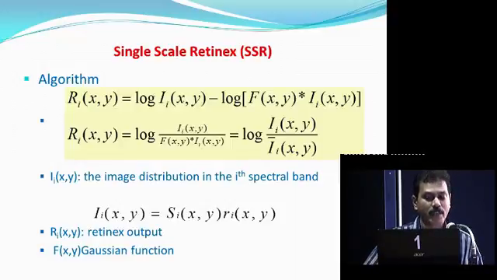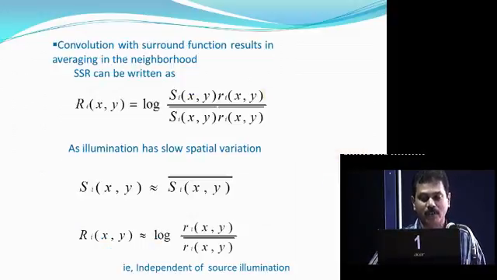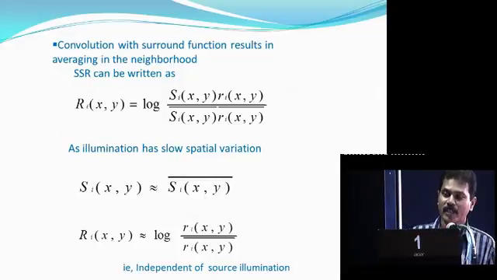Now R(x,y) can be written as the log of S(x,y) divided by the average of it, because of the Gaussian surround function, where epsilon is a value from the surround function. When we consider the surround function, it is like an averaging function.